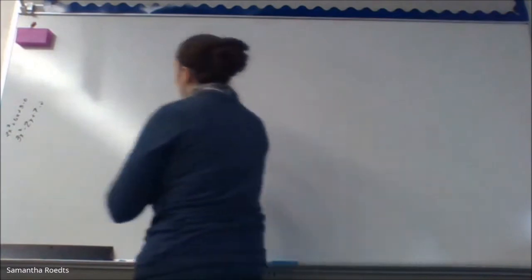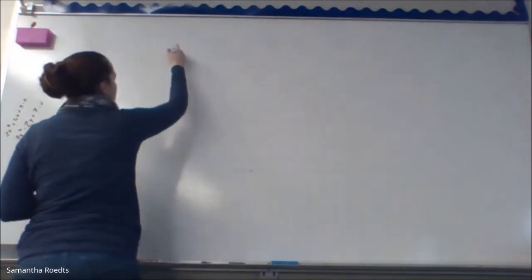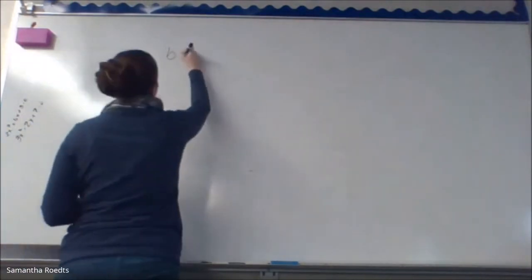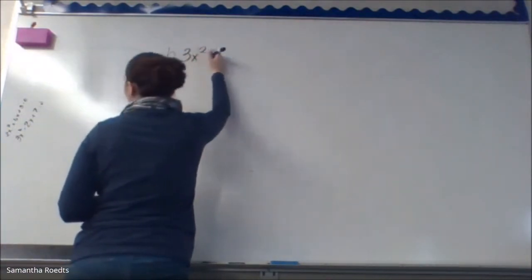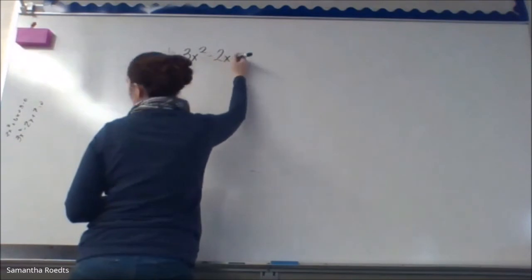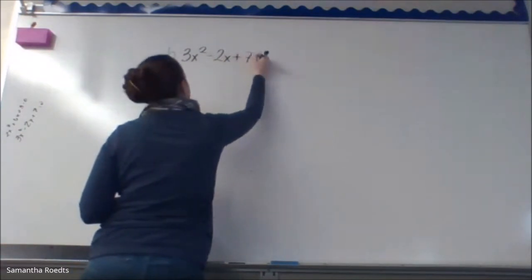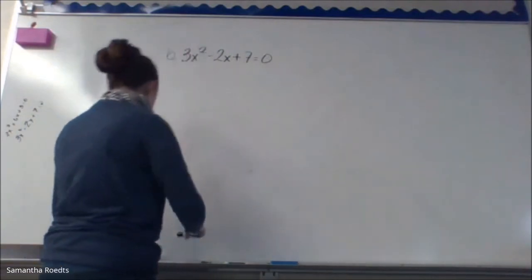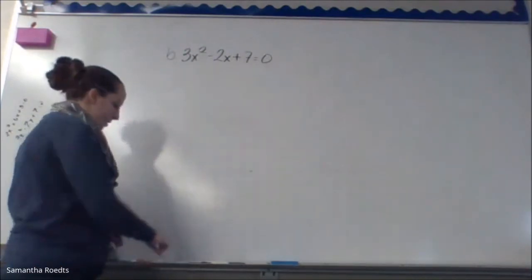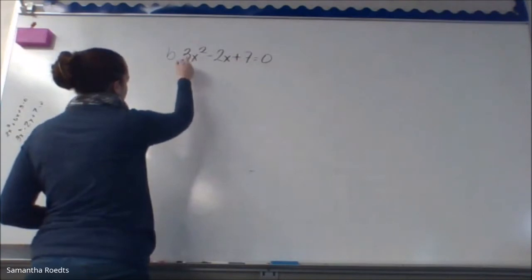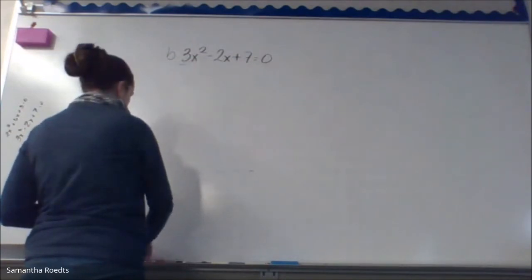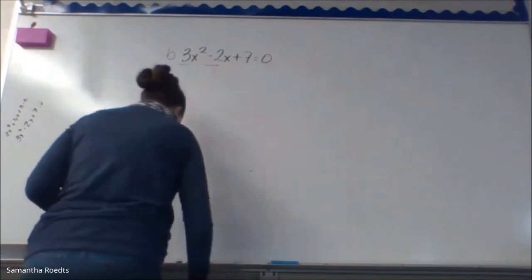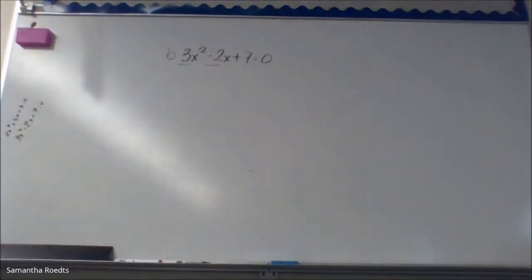All right, letter B said 3x squared minus 2x plus 7 equals 0. So again, I'm going to use the same quadratic formula. So my A is 3, B is negative 2, and C is 7.